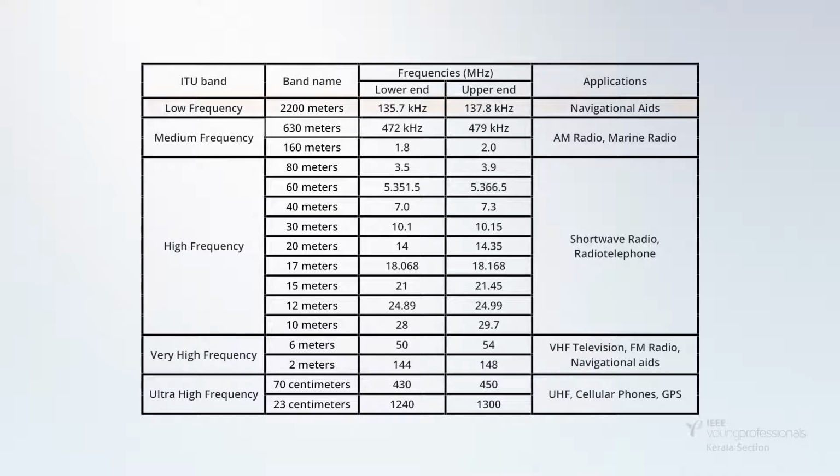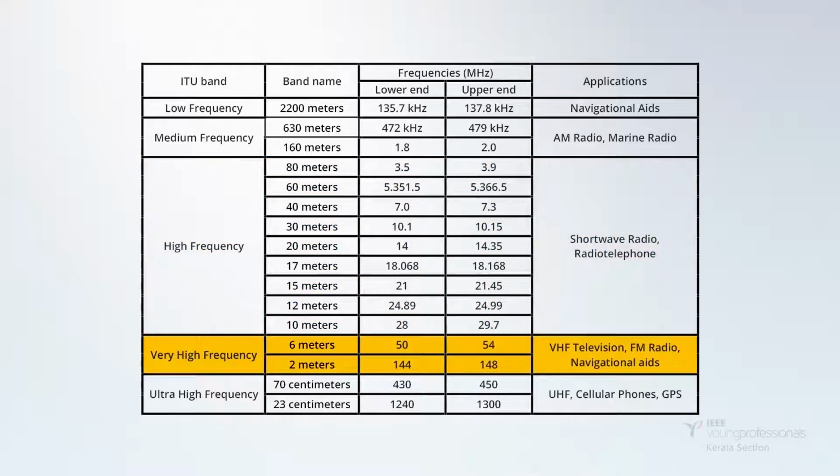Low frequency or LF is mainly used in submarine navigational aid, and medium frequency is used for AM or marine radio, whereas HF, VHF and UHF are mainly used for amateur or ham radio communication. For HF, we use it for shortwave radio or radio telephony.